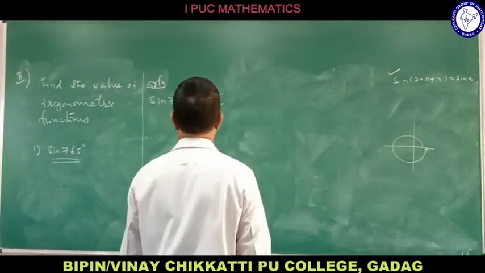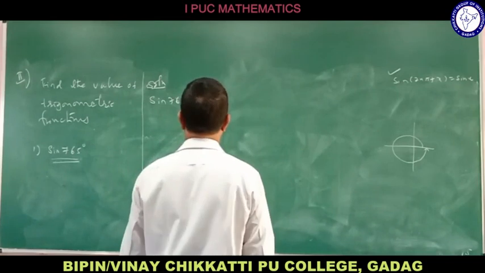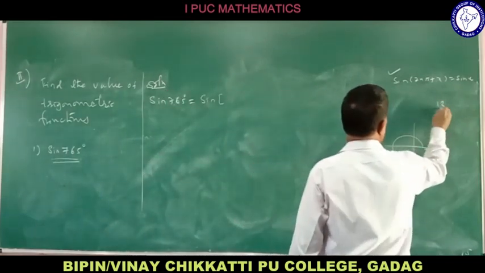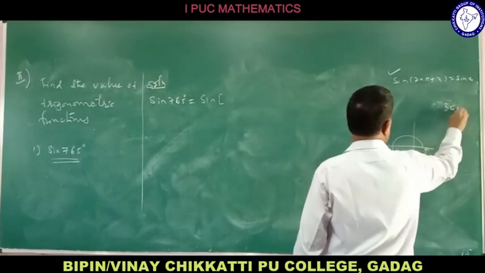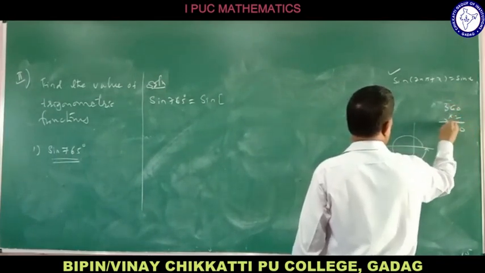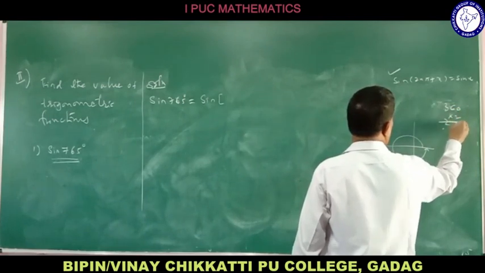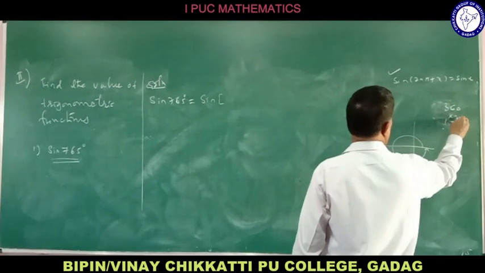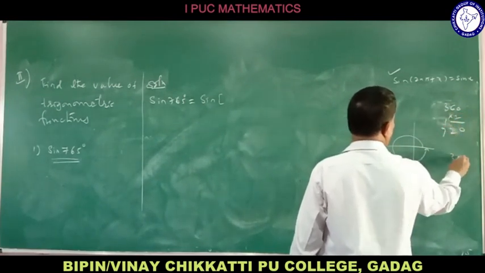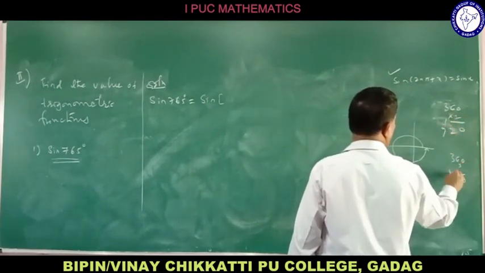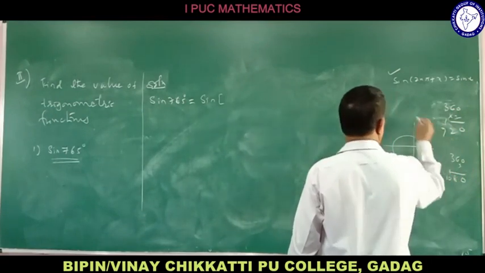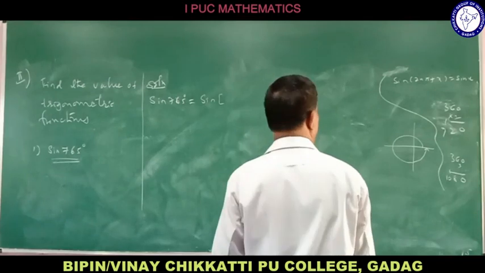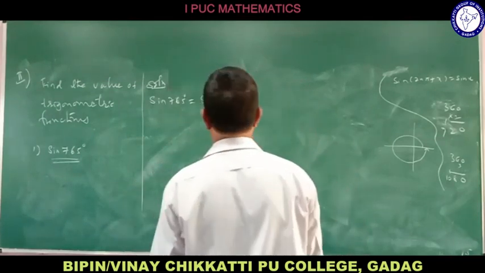Using this identity, now I write, you have to go for multiples of 360, and accordingly we can find the result here. 765 is nearer to what?